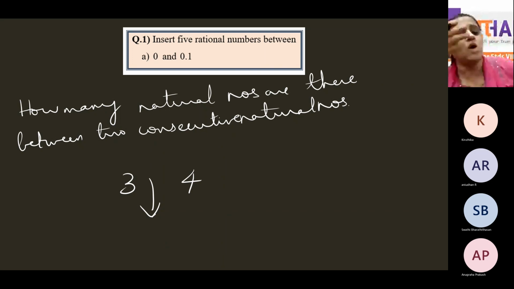Class, how many natural numbers are there between 2 consecutive natural numbers? Uncountable. Tell me one. 3.5. Is that a natural number? 35 by 10 or 7 by 2. Is that a natural number?